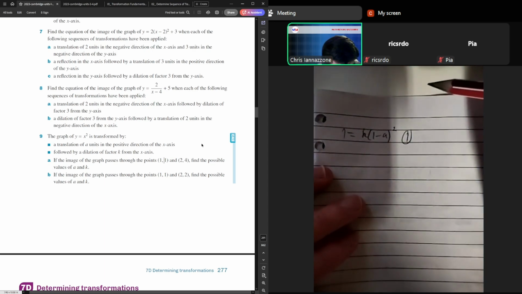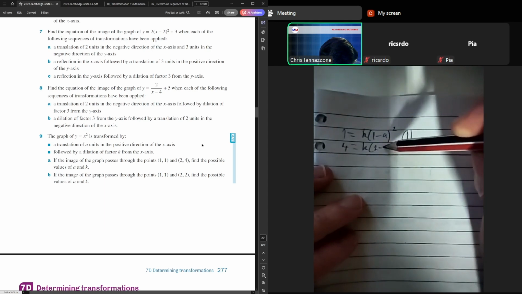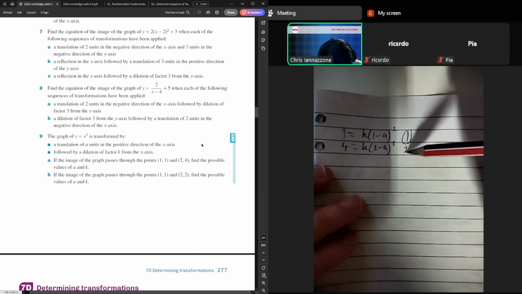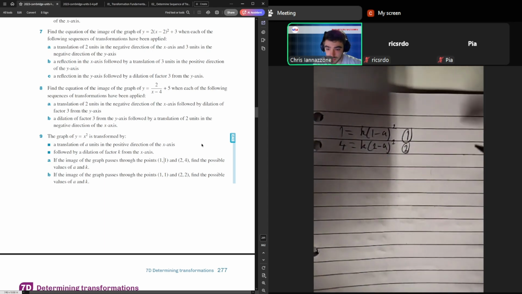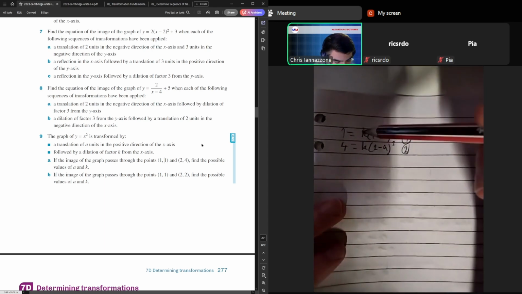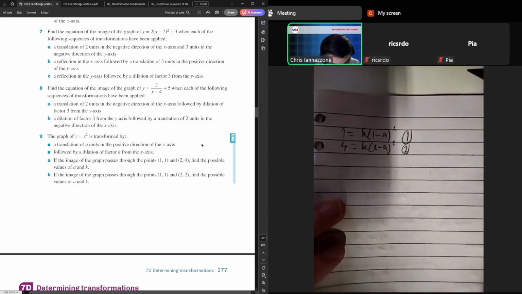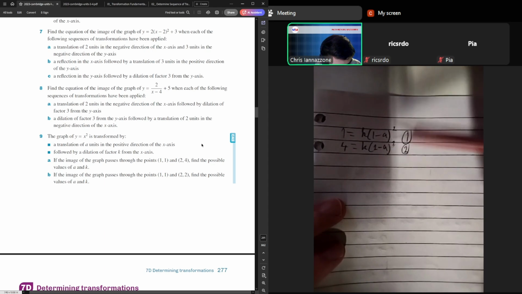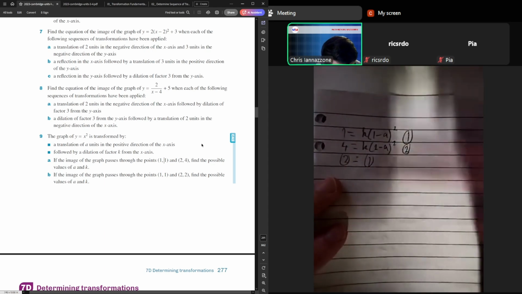The other one was 2 comma 4, so 4 equals k bracket 2 minus a all squared. That's equation 2. From here, the most immediate thing to me is just divide both equations by each other, thus cancelling out the k.